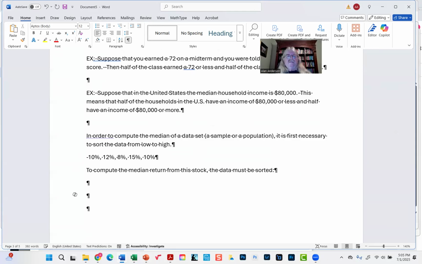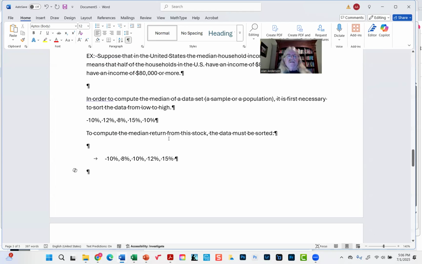And then you would get minus 10, 8, 12, 15. Oops, I missed the 10. Okay. And now the median is the value in the center, which is the 10%. Right there.